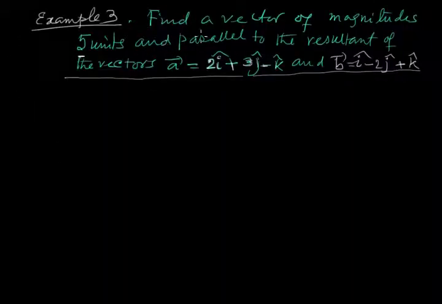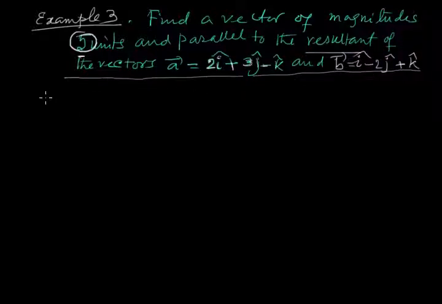Now we'll solve a problem. Here you have to find a vector of magnitude 5 units and parallel to the resultant of the vectors A, 2i plus 3j minus k, and B this. So first of all we will find the resultant.